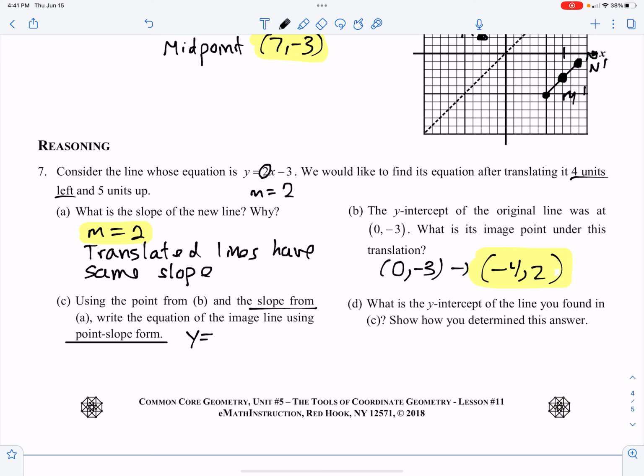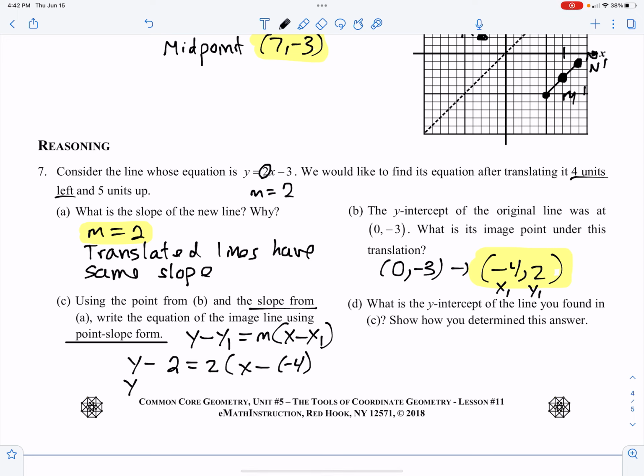It's y minus y1 equals m times x minus x1. y1 is right here, x1 is right here. So plugging into that, we have y minus 2 equals m, our slope, which is 2, times x minus x1, which is -4.